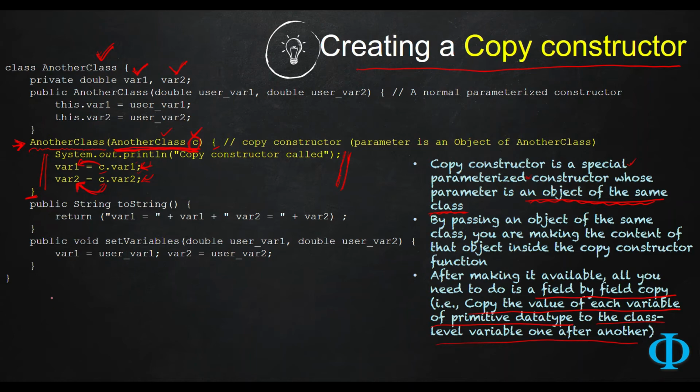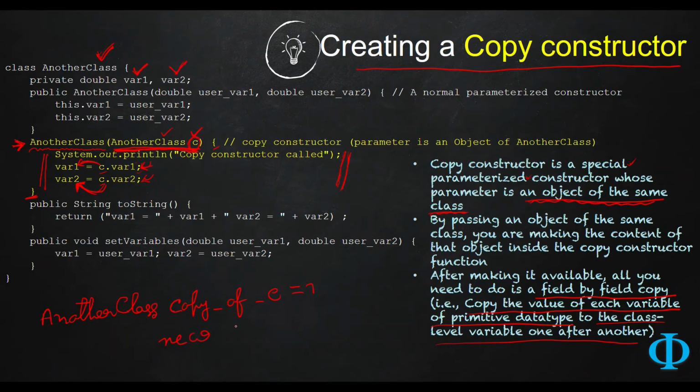Let's say the name of the class is another class, and you are trying to make another copy. This name is C1, so let's make it a copy of C. So this is C and I am making a copy of C, something like this. And then what you need to do is, let me write it down in the next line.